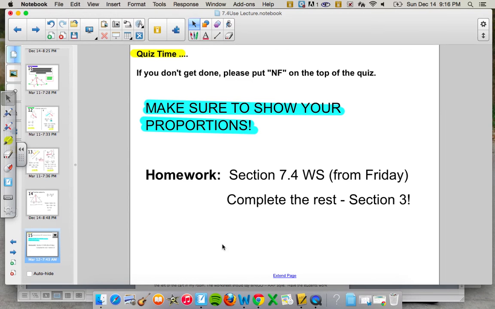I want to make sure that you show all of your proportions when you do this quiz and take your time. The rest of the time after you finish your quiz, you need to finish the section 7.4 worksheet. You got this on Friday. You're going to complete the rest of it. On Friday I assigned section 1 and section 2. You need to complete section 3. You should be able to do that now.